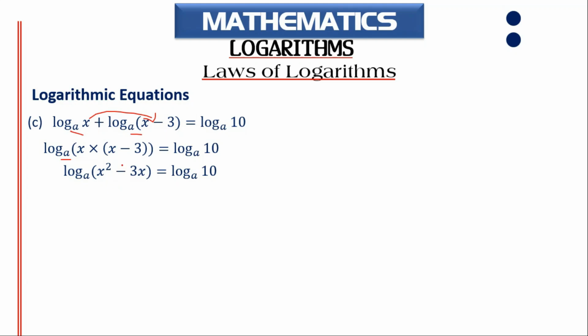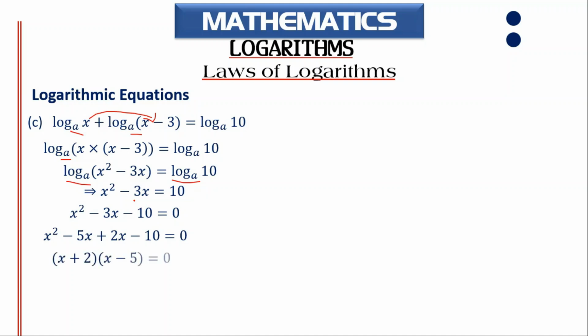And according to our rule, since they both have the log to the same base, then we can just simply equate them. Okay, so that means we form our resulting quadratic equation, which you can solve further, of course, to give you (x plus 2)(x minus 5).